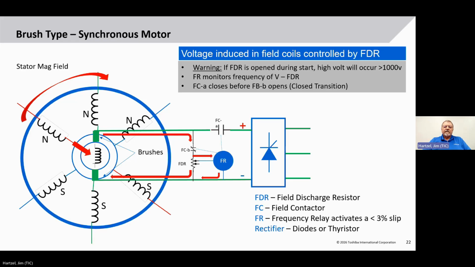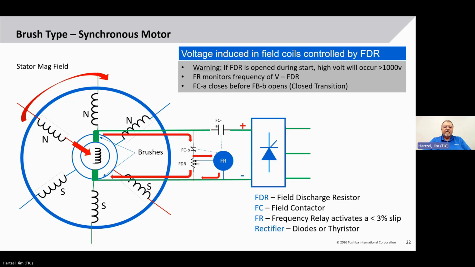What this relay, FR here, is going to do is monitor the frequency. And when we're at about 3% slip, it's going to activate. It's going to apply the field to the rotor, and it's going to turn off the field discharge resistor.